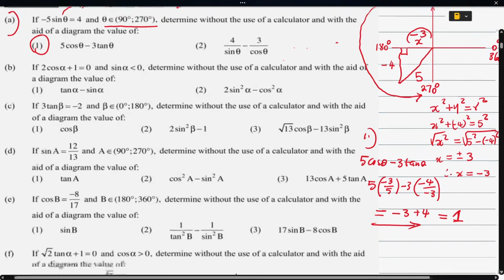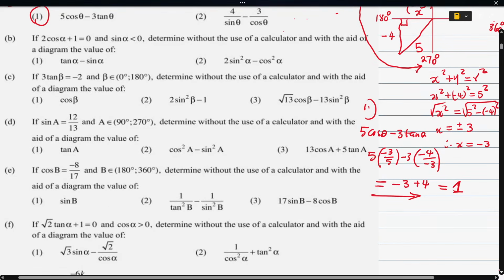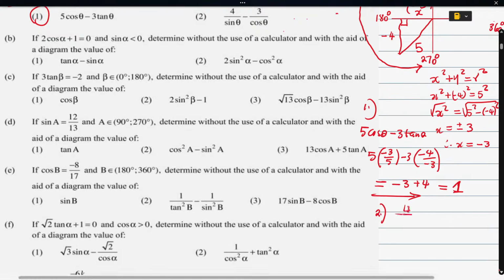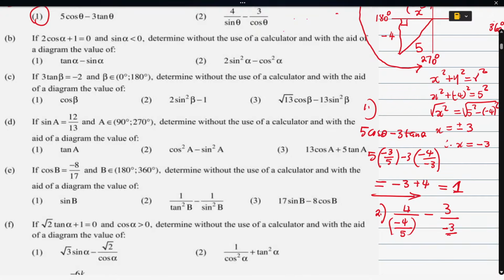Let me do number 2. This is number 2. What is sine? You know sine is opposite. Minus 4 over 5. I replace, put brackets, then we say minus 3. Then we go to cos. It's minus 3 over 5.